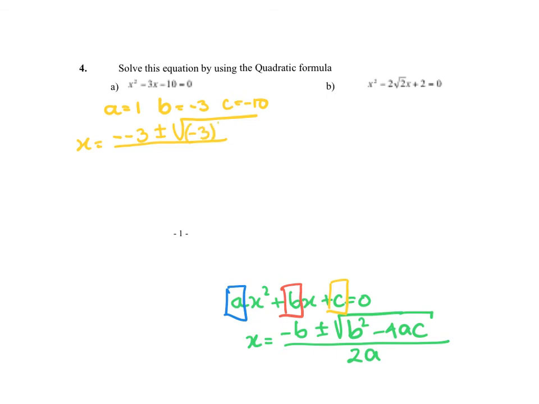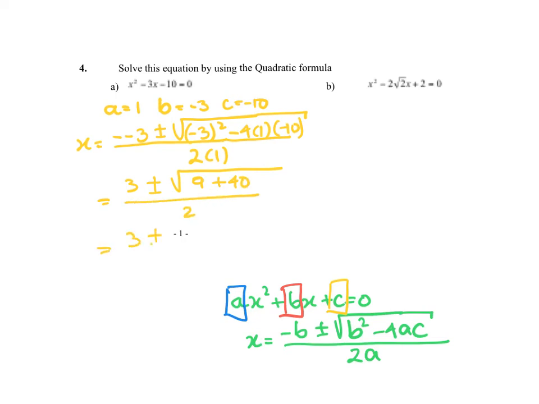Please make sure you have brackets because everything is to the power of 2, take away 4 times 1 times negative 10, all over 2 times 1. Negative becomes positive: 3 plus minus square root of 9 plus 40, which is 49, so 7 over 2.